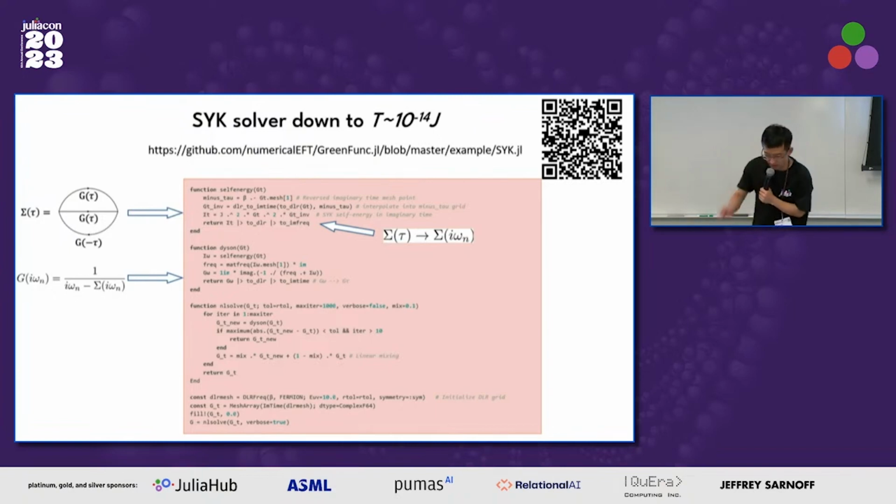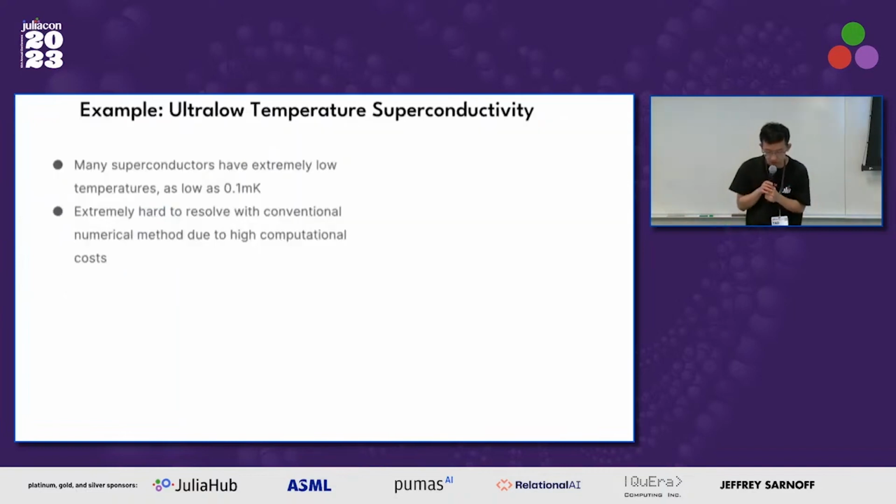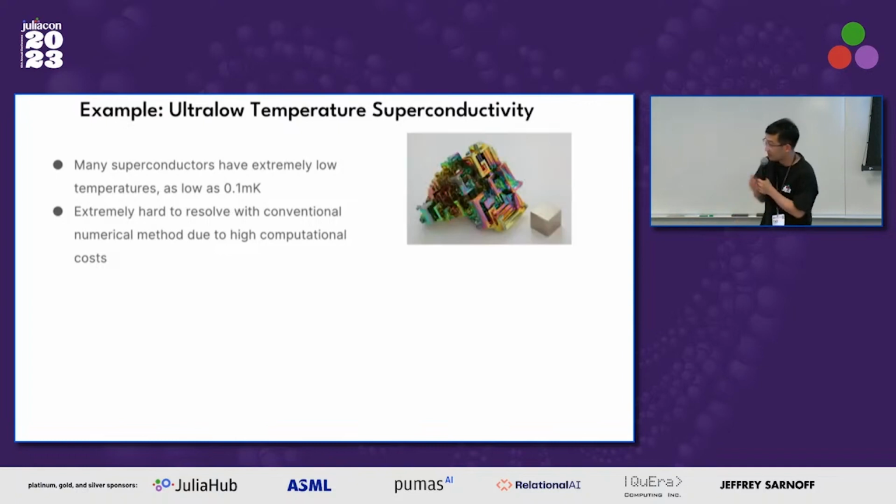The next problem is the ultra low temperature superconductivity. Many superconductors in nature have extremely low temperatures, such as this nice picture with bismuth from Wikipedia, and it can be as low as 0.0 millikelvin.